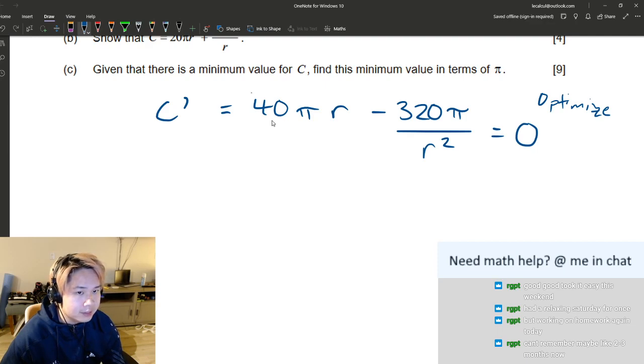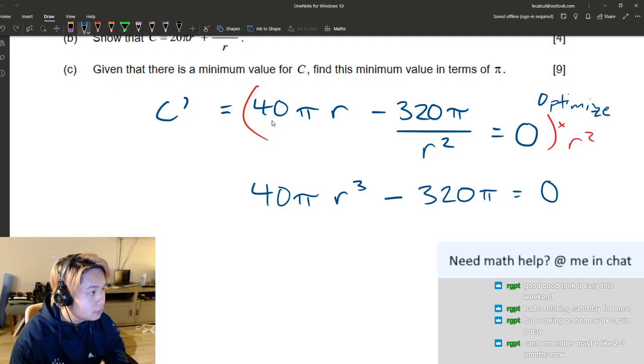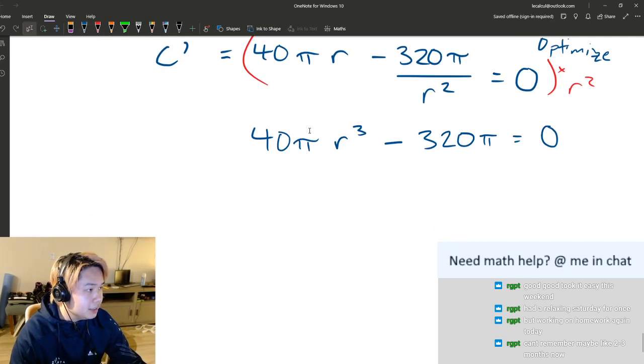And I'm going to solve this equation here. Before we do, I'm going to multiply everything by r squared.